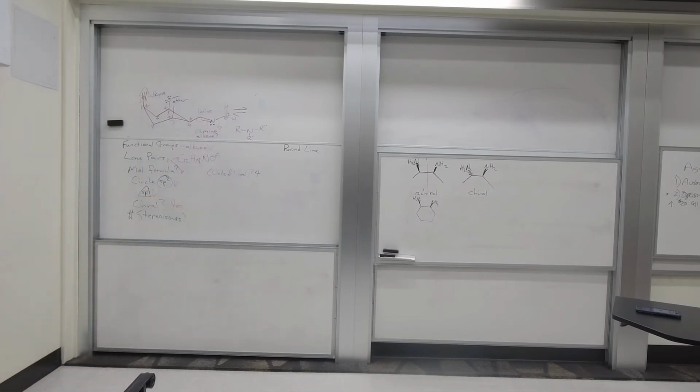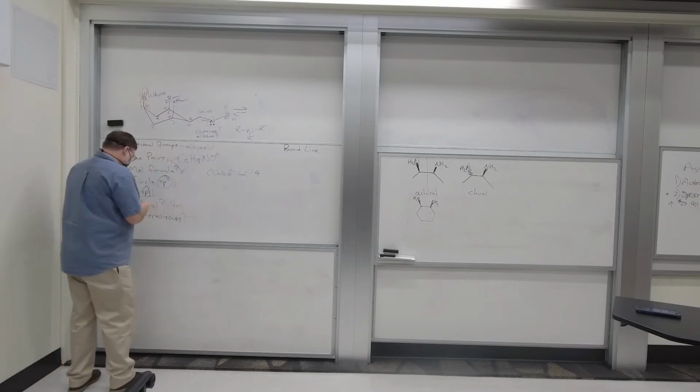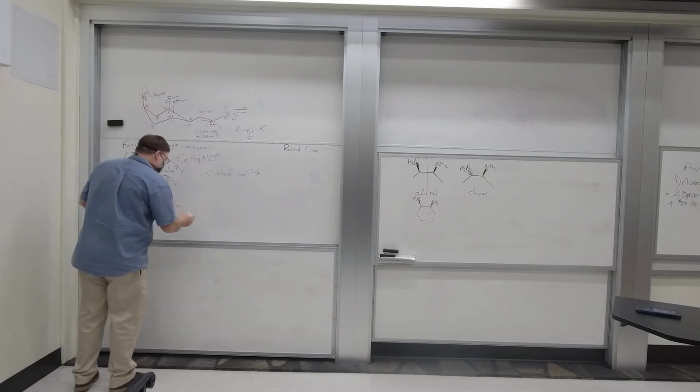So 4 chiral centers. If they're independent of each other, each one can be 2 different things, R or S. There are only 2 options for a chiral carbon, a tetrahedral atom. There's only 2 different ways to draw them. All right, so the answer to this is 2 to the 4.